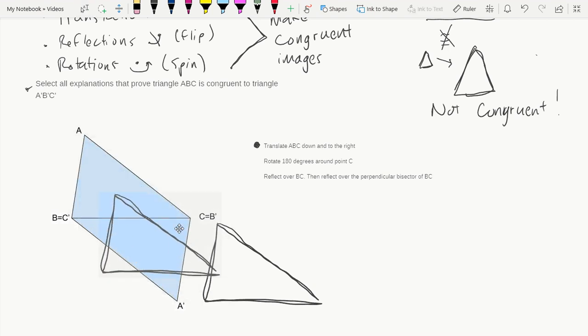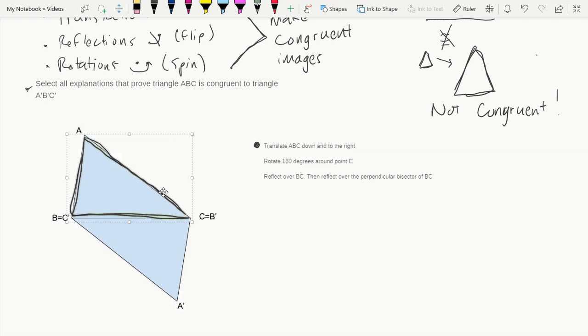And I have to land on the other triangle to prove congruence. So I know it's not going to be that one.